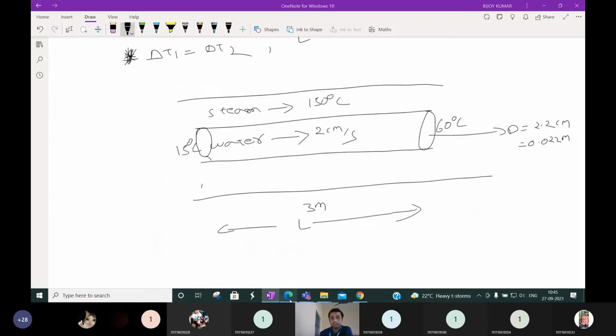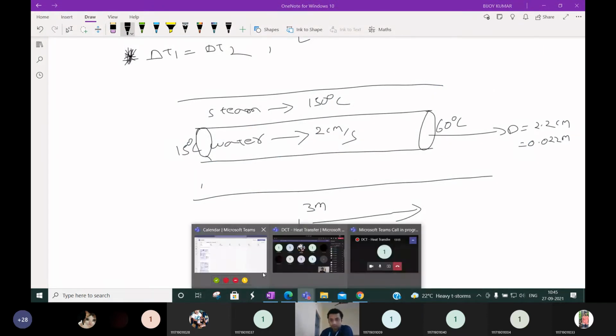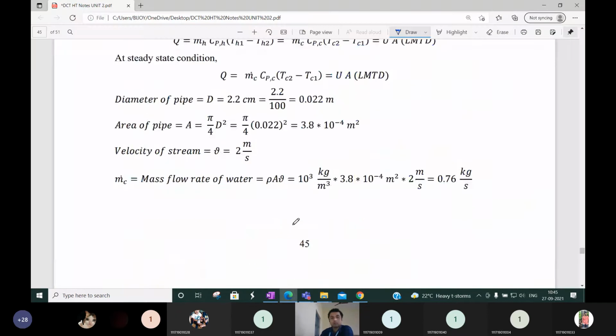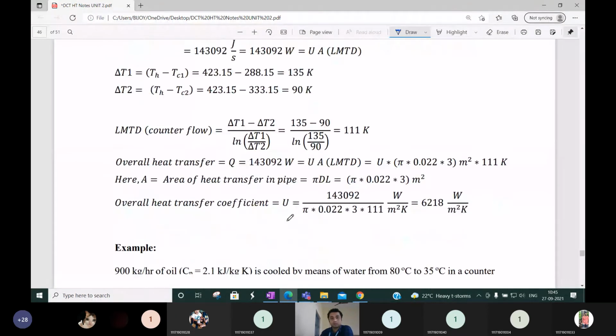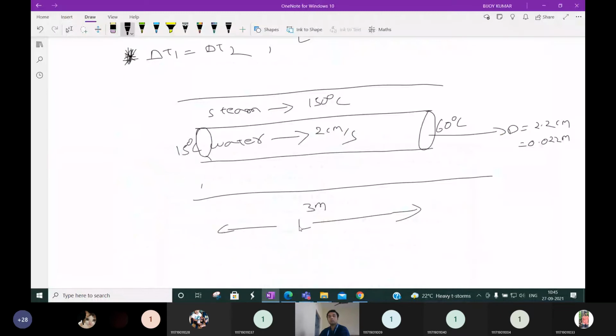So you have to find the heat transfer coefficient. How to find it? We know the formula Q is equal to U A LMTD.